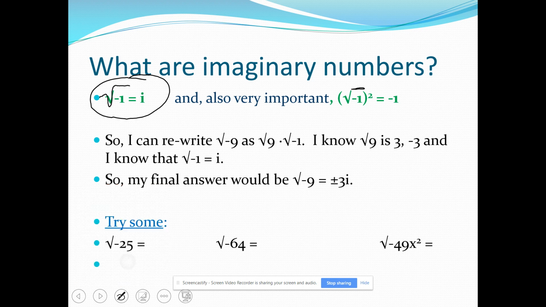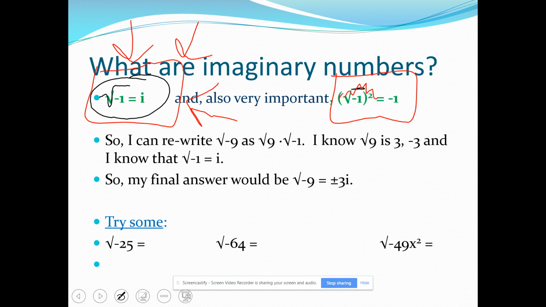Remember, squares and square roots are opposites of each other. They're inverses, they undo each other, and so that's -1. These two things right here, you need to memorize. You need to know them and be able to use them a lot. So please, please, please make sure that you memorize those.